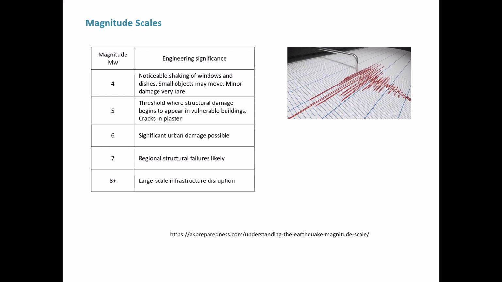So for now, let's assume these are locations nearby the fault. At magnitude 5, we have a threshold: structural damage begins to appear, vulnerable buildings, cracks in plaster. At 6, significant urban damage is possible. At 7, regional structural failures are likely, and 8 plus, large-scale infrastructure disruption. Again, that is in the vicinity of the epicenter for that earthquake.